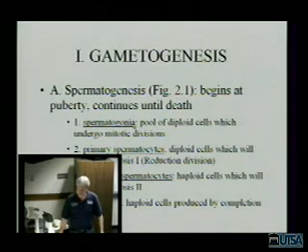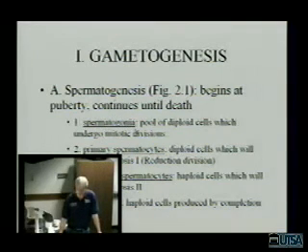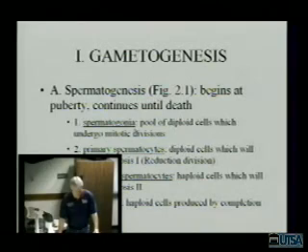Spermatogonia is the term for a pool of diploid cells that undergo mitotic divisions. So we will, at the time we discuss the organogenesis and cytogenesis and, of course, histogenesis for the reproductive system, talk about the production of the spermatogonia in the zygote and embryonic stages of development.